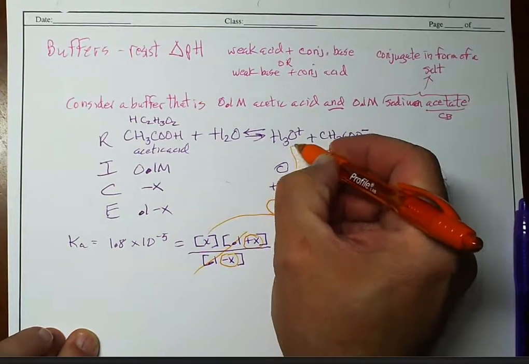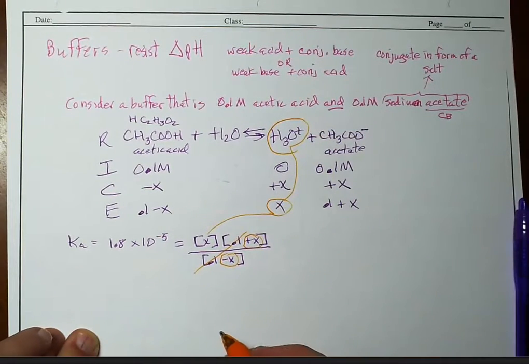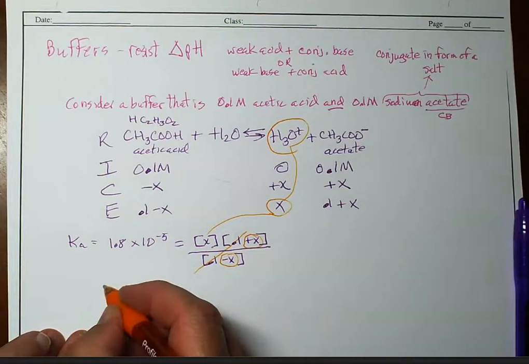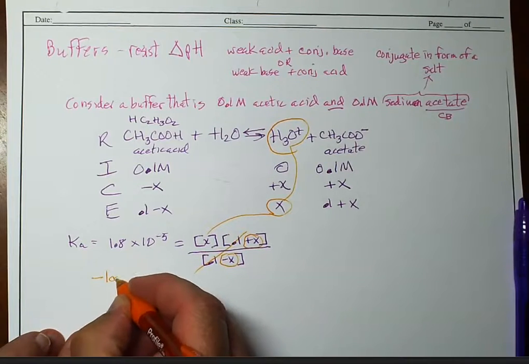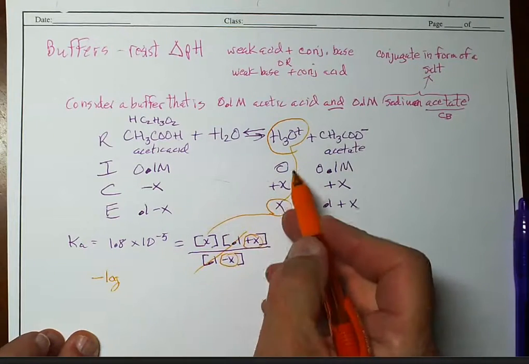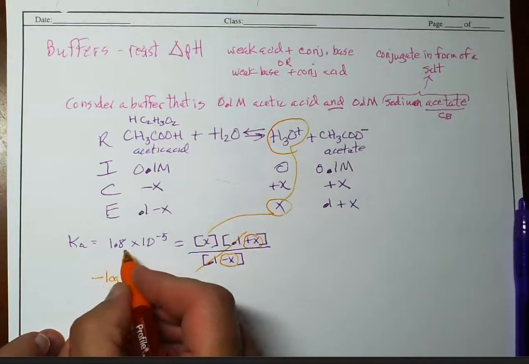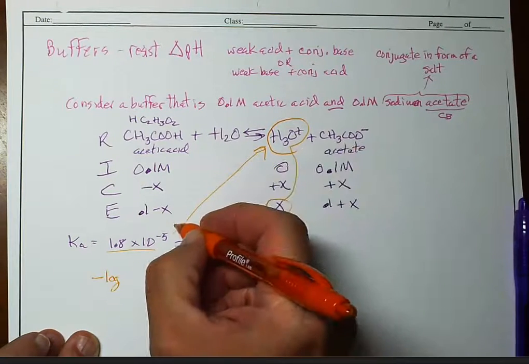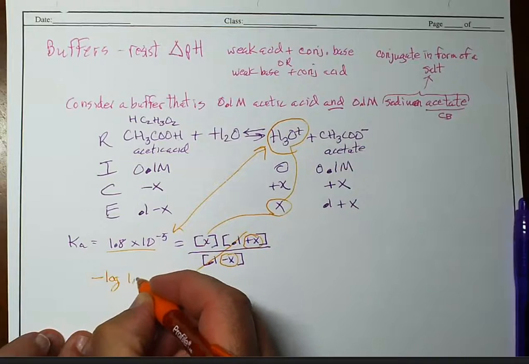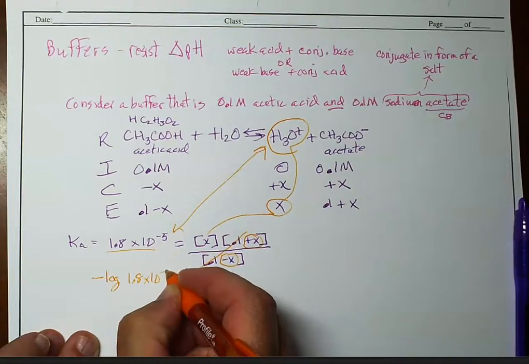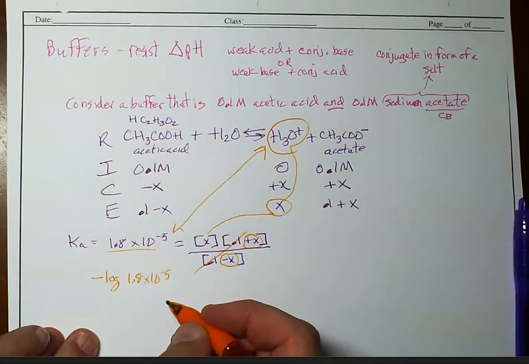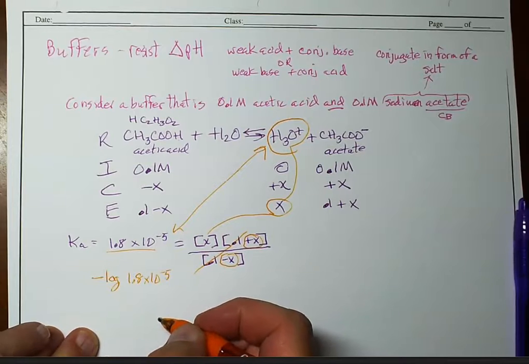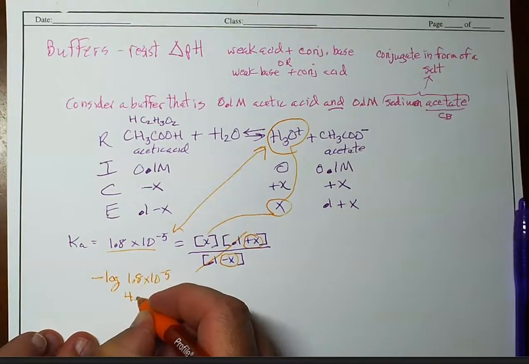X represented the hydronium ion concentration. So if we take the negative log of the hydronium ion concentration, the negative log of 1.8 times 10 to the negative 5 is 4.74.